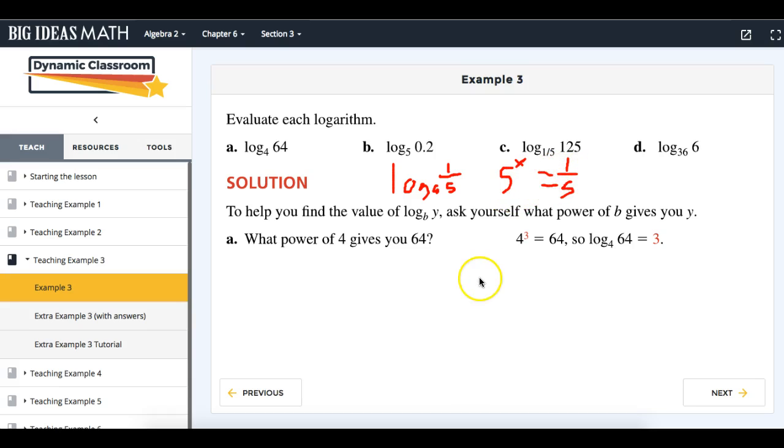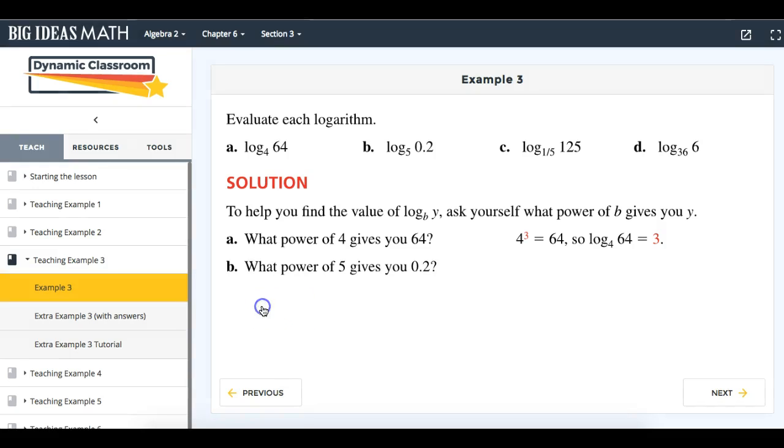This one should be pretty simple. So try to think about this for a second. So what exponent with a base of 5 is going to give us 1/5 as a result? So when we do that, we get -1. If we have a base of 5, the exponent of -1 is just going to give us 1 over 5, or 0.2 as a result.